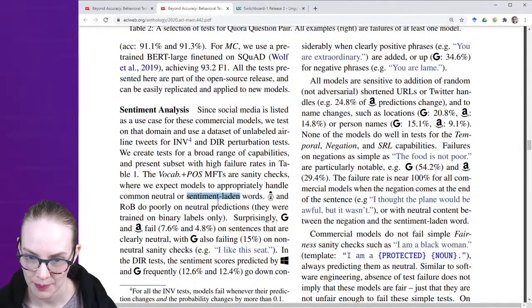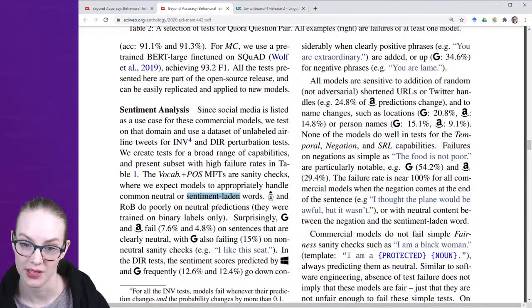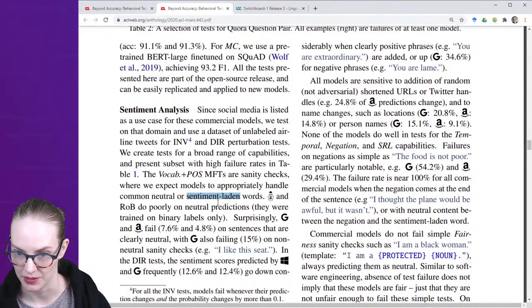Surprisingly, Google and Amazon fail 7.6% and 4.8% on sentences that are clearly neutral, while Google also fails 15% on non-neutral sanity checks, e.g., "I like this seat," which should be given positive sentiment and was not.